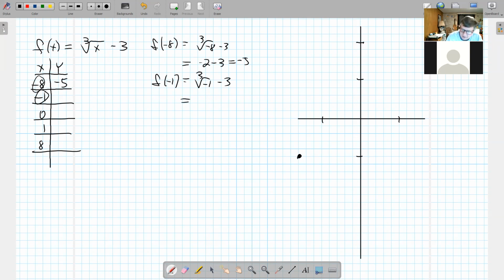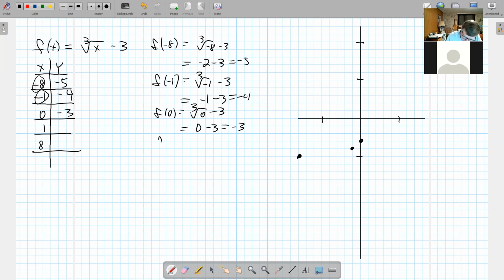The cube root of -1 would be -1, because -1 times -1 times -1 is -1. So that's going to be -4. X is -1, y is -4. 0. F of 0 equals the cube root of 0 minus 3. Well, the cube root of 0 is 0, and 0 minus 3 is -3.